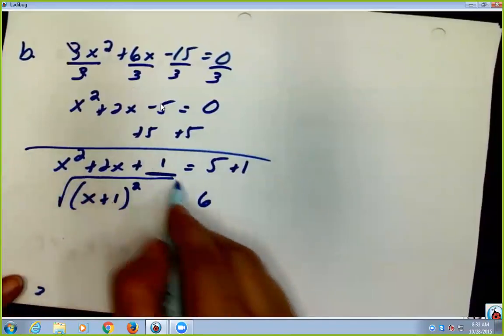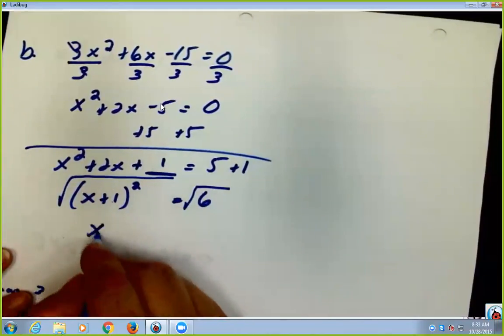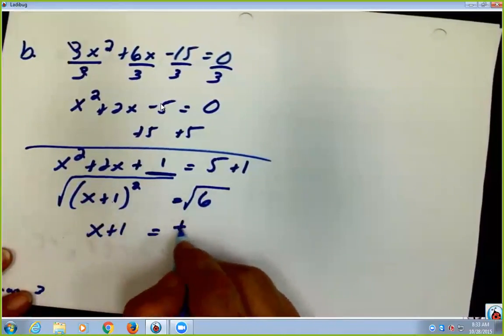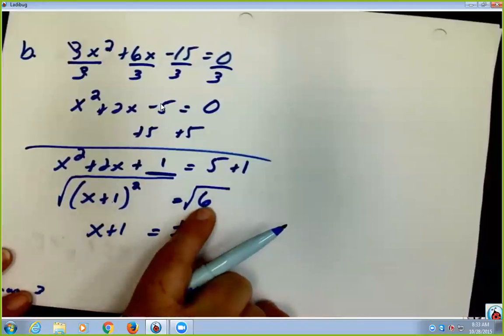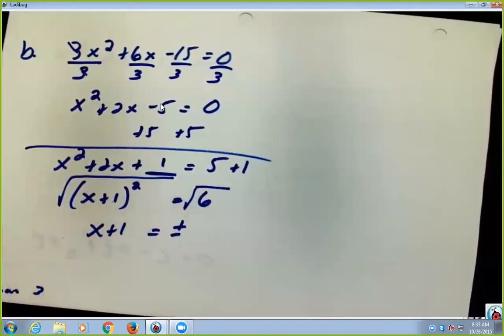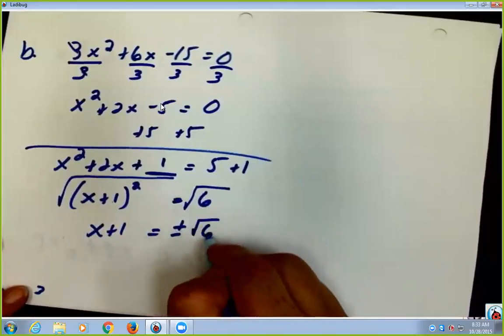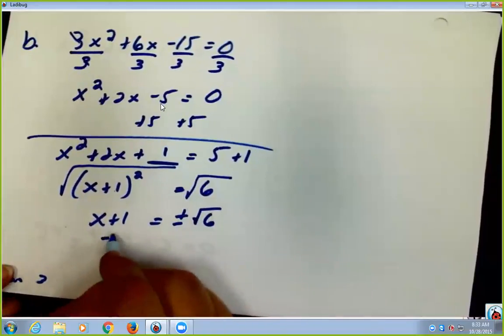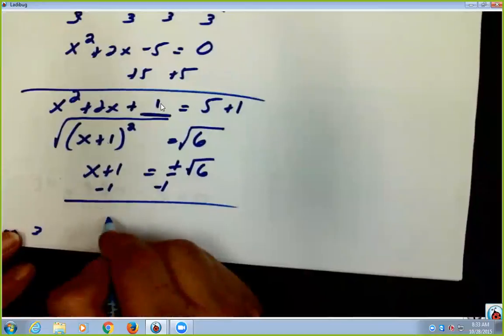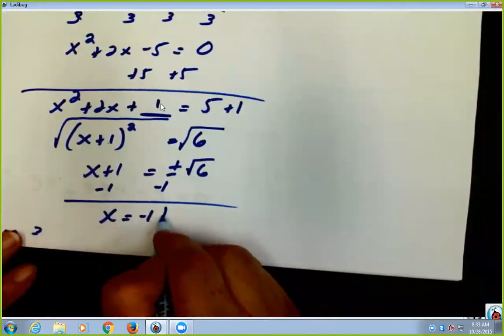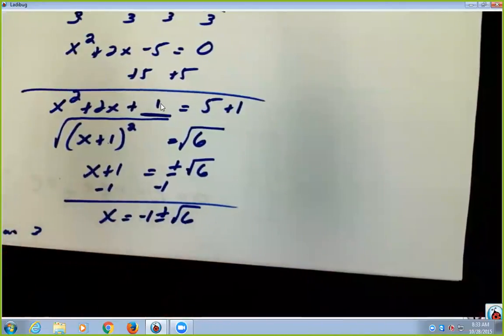Take the square root of each side, and I get x plus 1 equals plus or minus, and I can't do anything with 6. If it were 12, I could have pulled out a 2, but I can't do anything with it, so it just stays. And I subtract 1, and I find out that x is equal to negative 1 plus or minus the square root of 6.